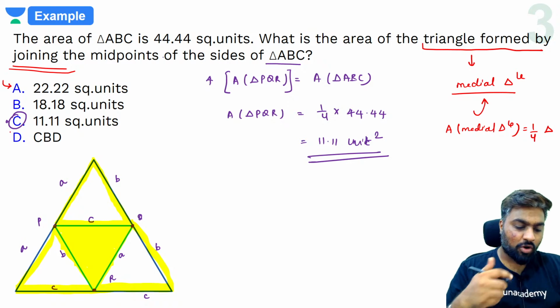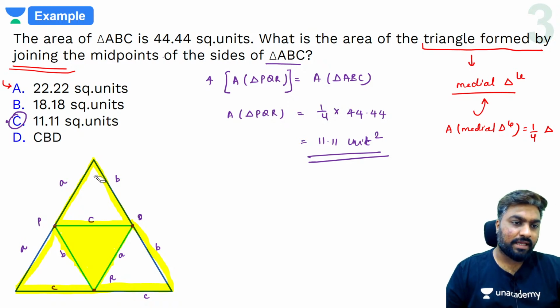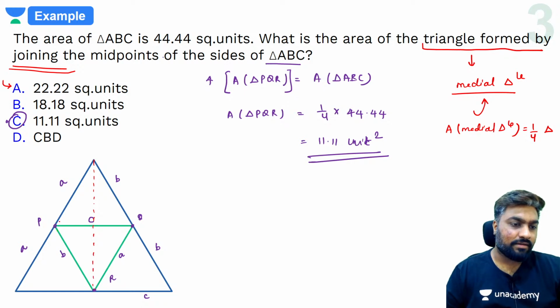Yes. So what happens here, even if you try to bring in medians, right? Same property, similar property. If you bring in the median, what will happen? Since this side is parallel to this side, if this line bisects this, then this line is going to bisect this also. Correct?